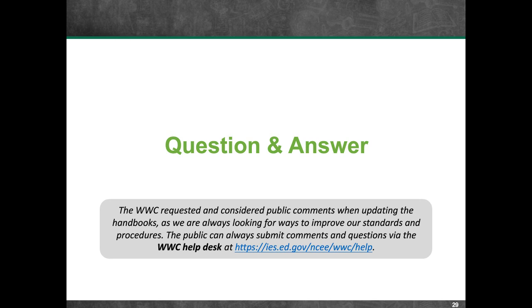So you can pull down the menu on the Reviews of Individual Studies database page, search only for studies that use a regression discontinuity design, and then you'll be able to find the full set of studies that the Clearinghouse has reviewed using the RDD standards.